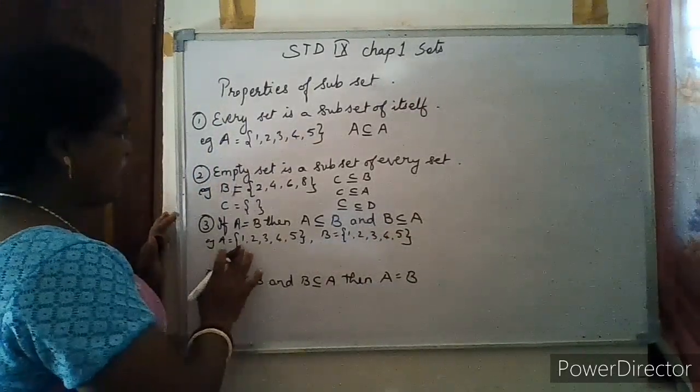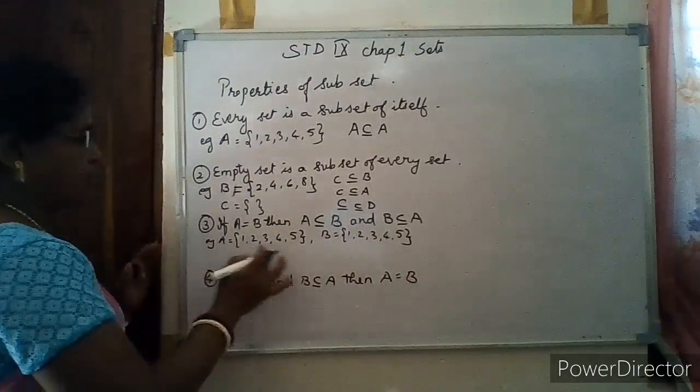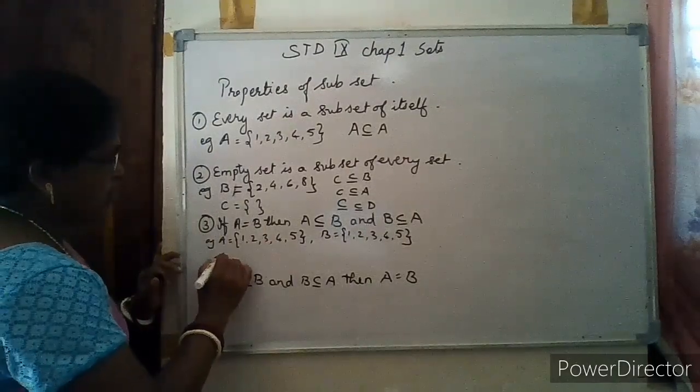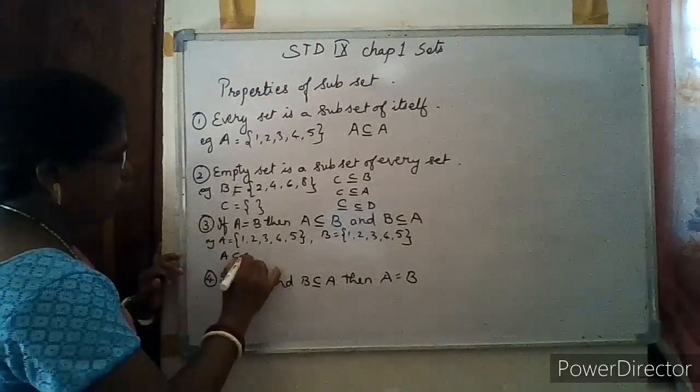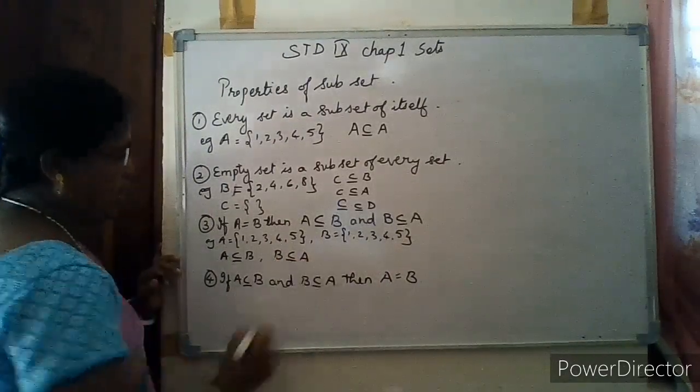So you see that all the elements of set A are present in set B and all the elements of set B are present in set A. They are both equal. So we can say that set A is a subset of set B and B is a subset of set A.